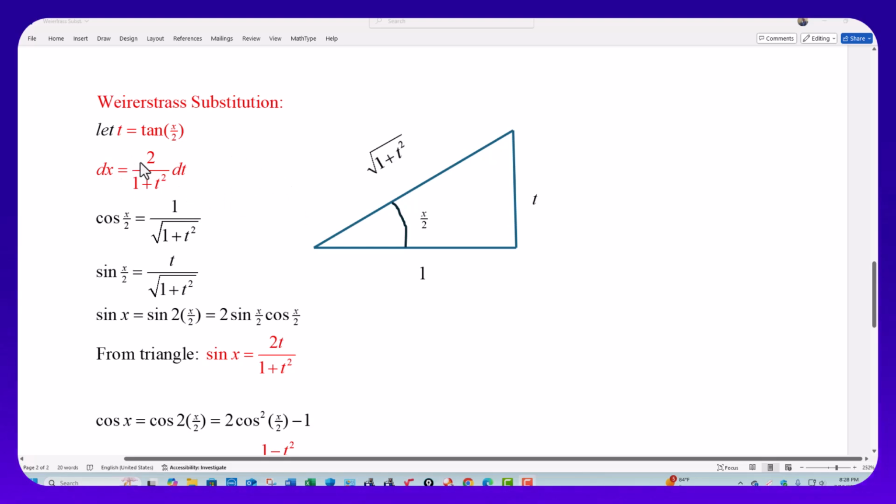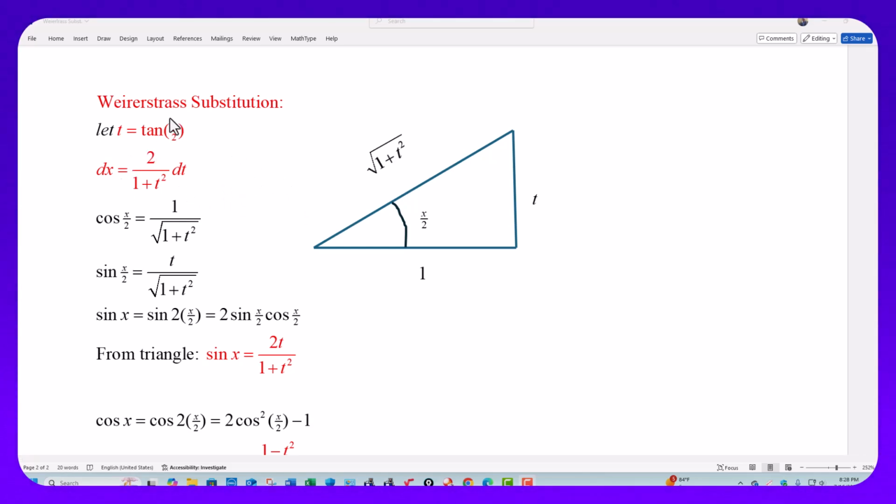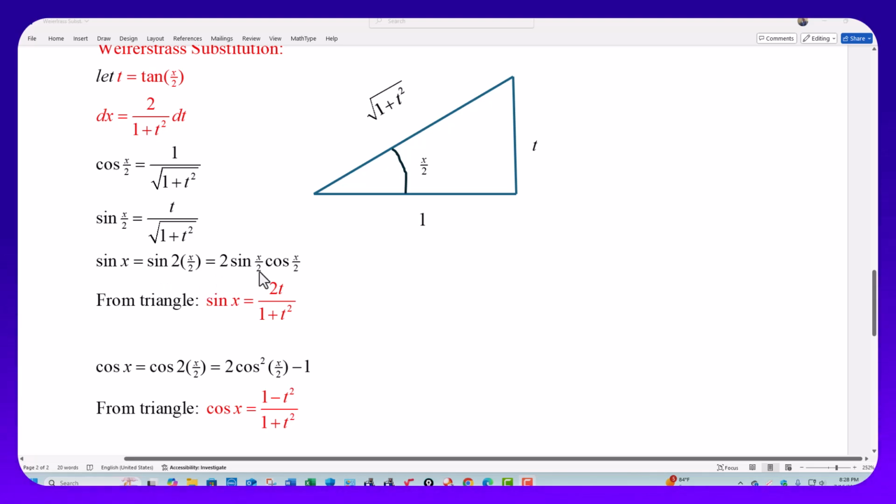If you use this method, the tangent of x over 2 substitution, there's your dx. We derive the cosine of x over 2 because of this angle here, but we needed sine of x, and I derived that last time. Sine of x is 2t over 1 plus t squared. Cosine of x is 1 minus t squared over 1 plus t squared.